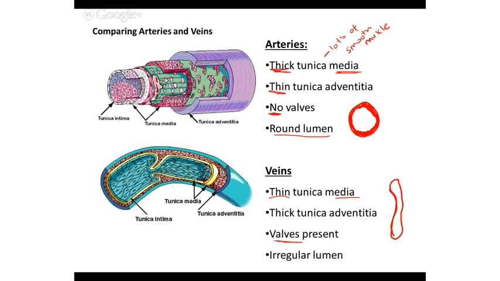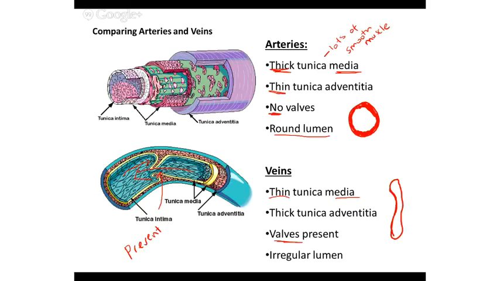Also, veins have valves. Every so often you might see a valve, a little flap of endothelium sticking in. Remember, we learned that you push the blood through the valve, and if it tries to go back, it's going to close the valve. So valves prevent backflow. That's the major function of these valves.